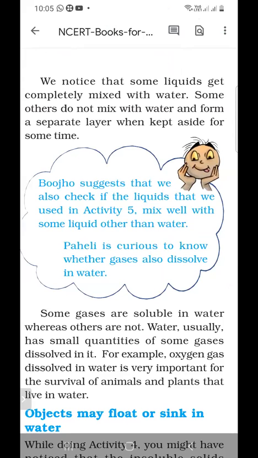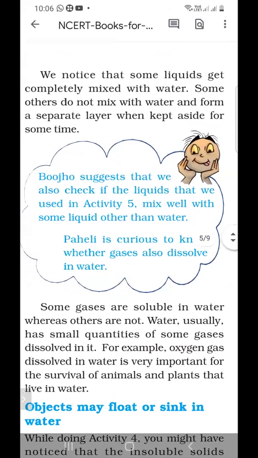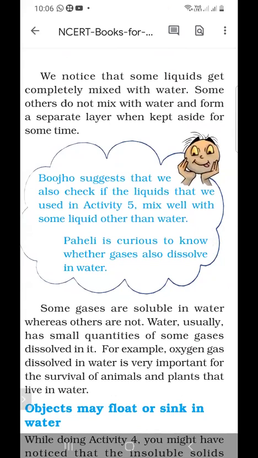And what about gases? Gases also dissolve into the water, but some gases dissolve into the water and some gases do not dissolve into the water. As we know, water contains gases.